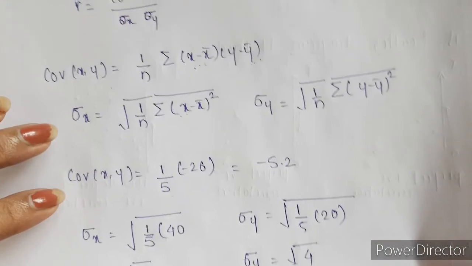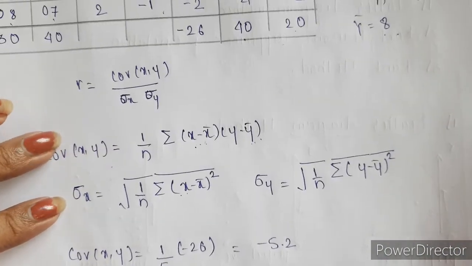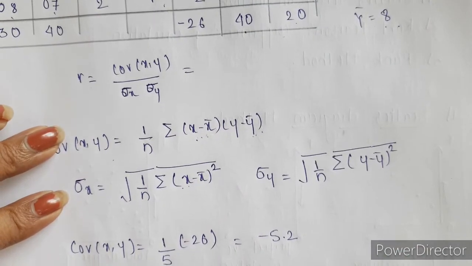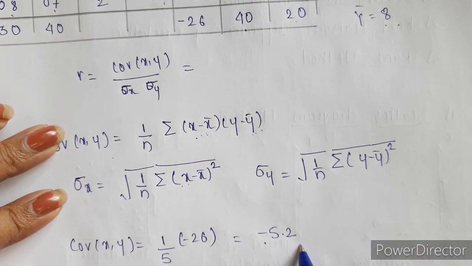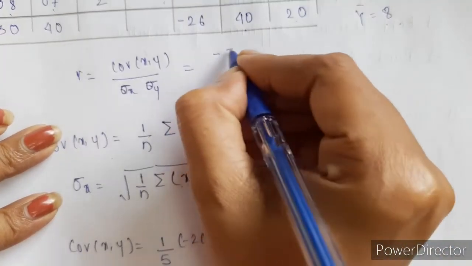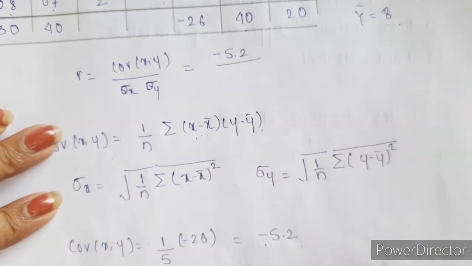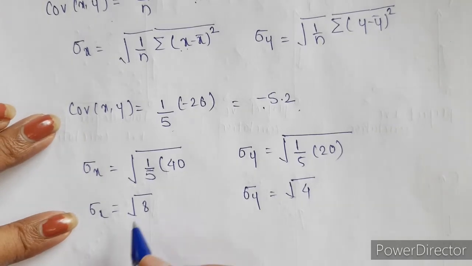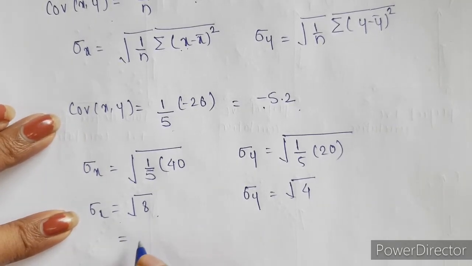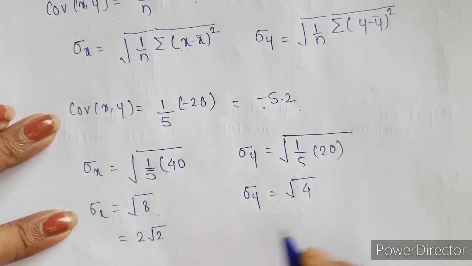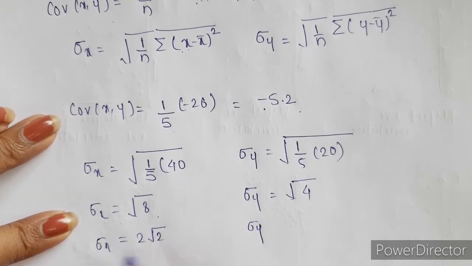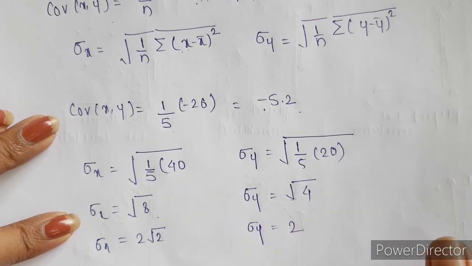Now let's substitute this back in the covariance formula. So I am just writing it here itself. Covariance of x comma y, what we are getting is minus 5.2. So this is minus 5.2 upon the standard deviation of x and the standard deviation of y. The standard deviation of x is root 8, which can be written as 2 root 2, and the standard deviation of y can be written as 2.